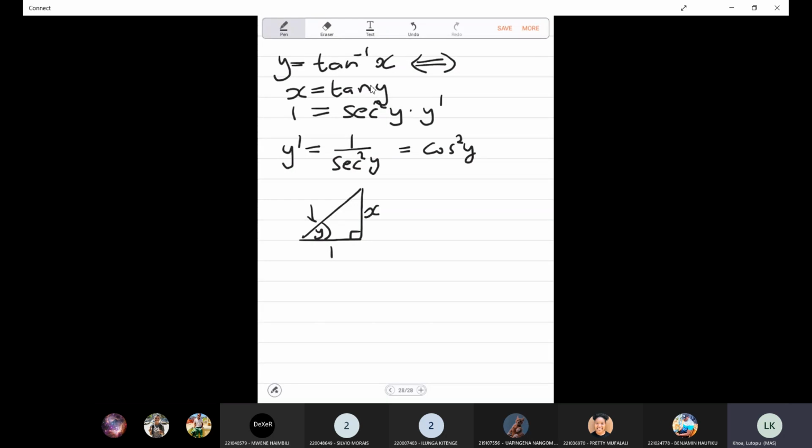So this is the square root of 1 plus x squared. Okay, so from our triangle over here, cos of y is the adjacent over the hypotenuse, but we want cos squared. Remember, cos squared just means find cos y and then you square it.